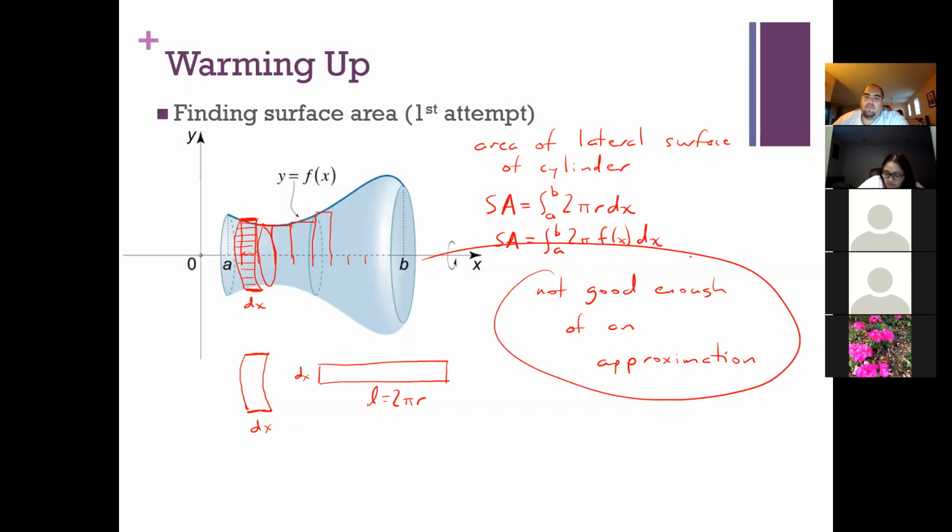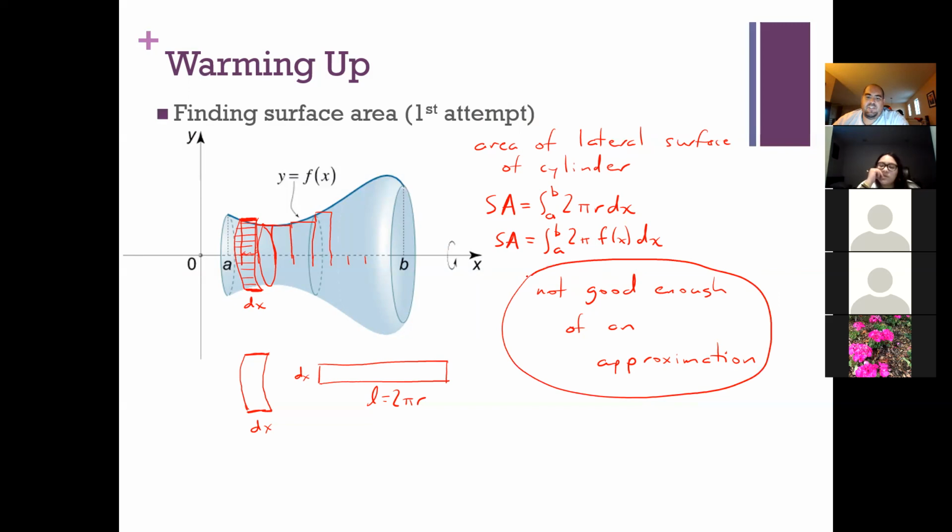So we've got to do something a little more sophisticated than just taking these constant values and setting these up as cylinders. We're going to use this to build up to something a little more accurate.